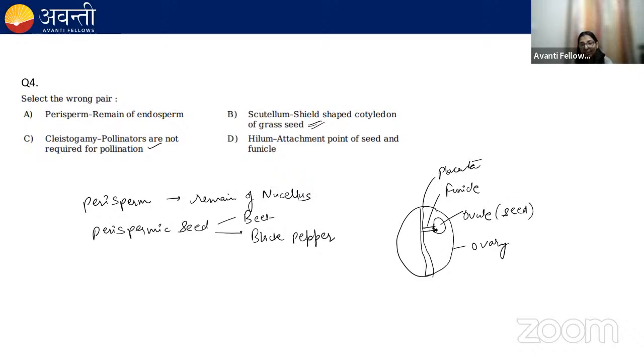The junction where the funicle is attached to the ovule or the seed is known as hilum. So hilum, the attachment point of seed and the funicle. This is also correct. And the question is asking select the wrong pair, which is number 1. A, the perisperm remain of endosperm is a wrong pair because the perisperm means remains of nucellus.